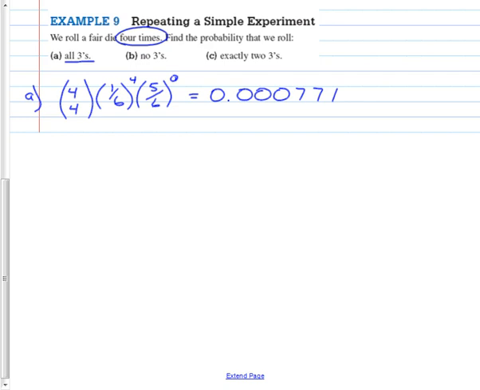Okay, I'm going to write it this way instead of times 10 to the negative 4th. There's your probability that if you roll 4 dice, every single time you're going to get a 3. Not very high.